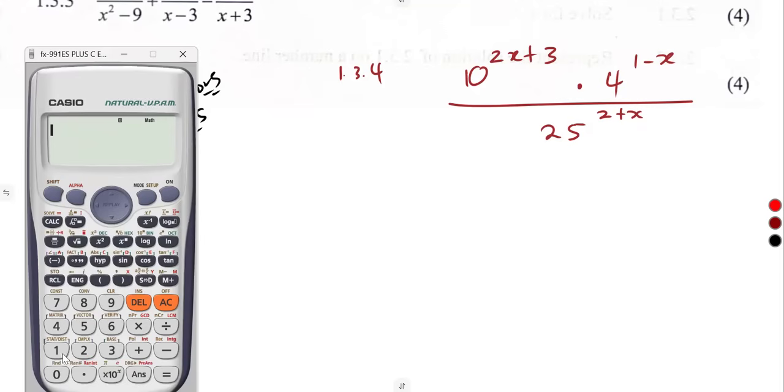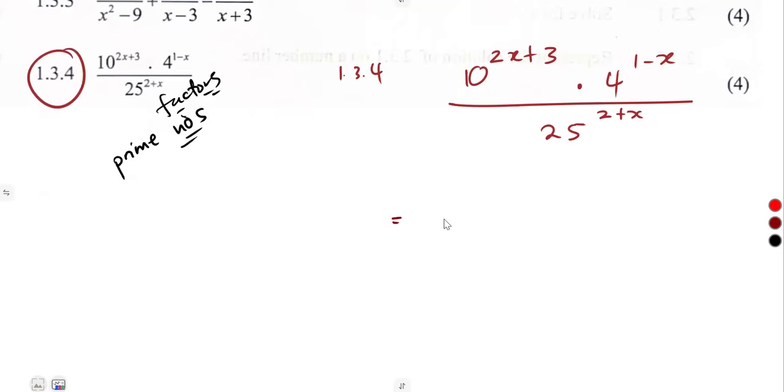This is what you do. You press 10, equals. Then you're going to press shift, then fact. It's going to give us 2 times 5. So 10 is the same as 2 times 5 in the simplest form.